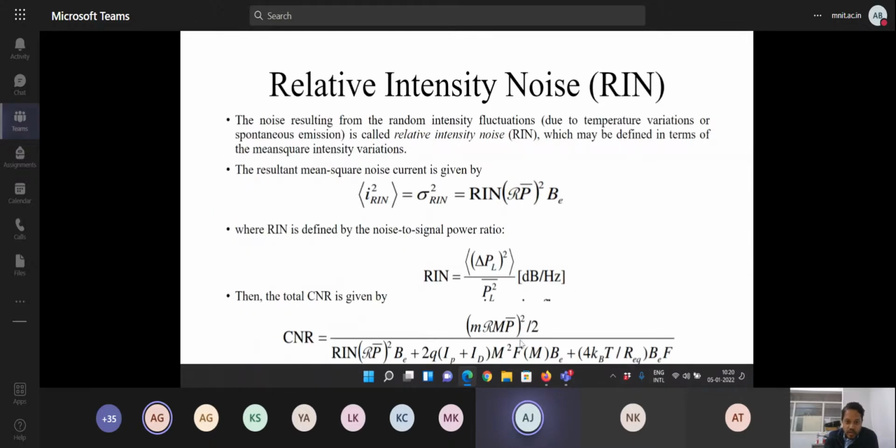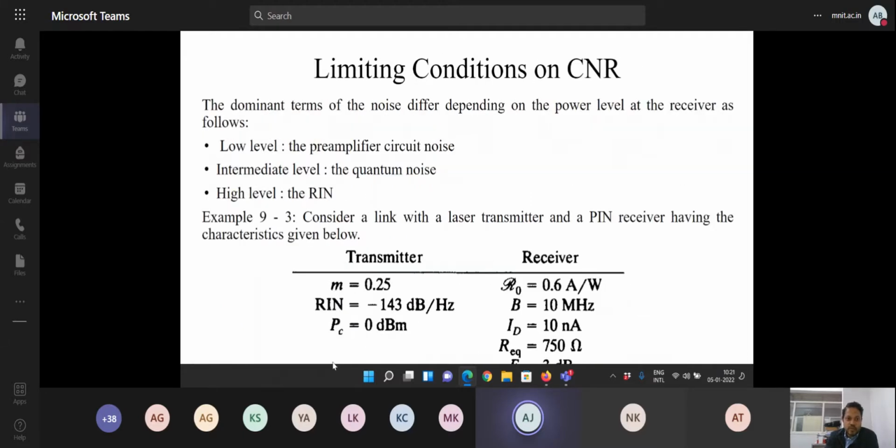This would be the major contributing factor when the input optical power is in the intermediate region, around 100 to 500 microwatts. When the intensity is of the order of a few milliwatts or slightly below that, from 0.5 milliwatts or higher, then the relative intensity noise plays the major role. That's what is meant here.